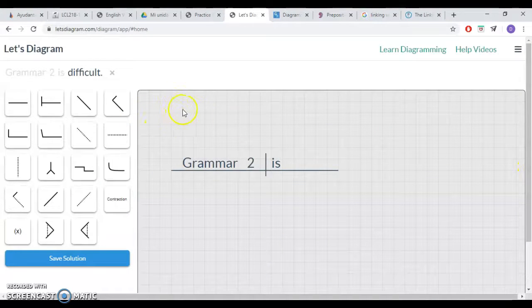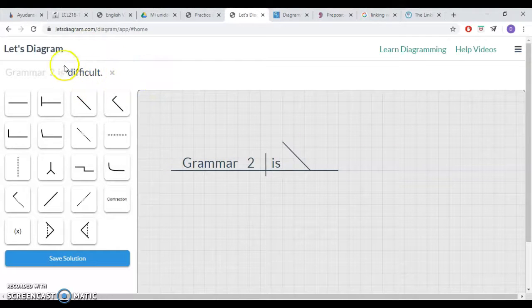And now, instead of adding another vertical line, I'm going to add one of these. And it goes like this. Okay, I hope I could do it. No, I can't. Okay, this line is going to help me with the third element, which is difficult.